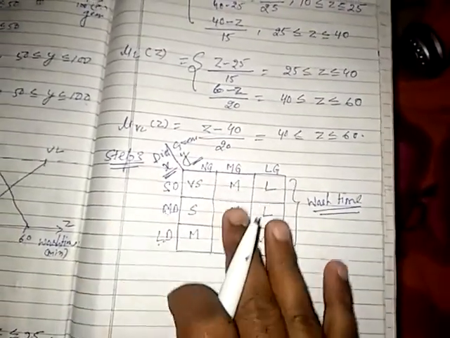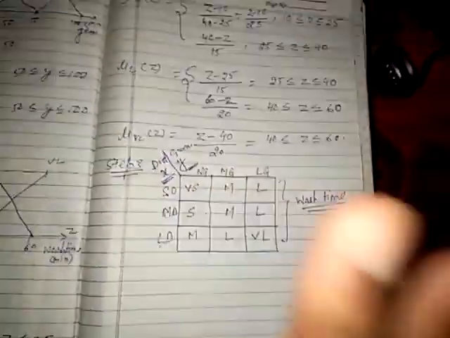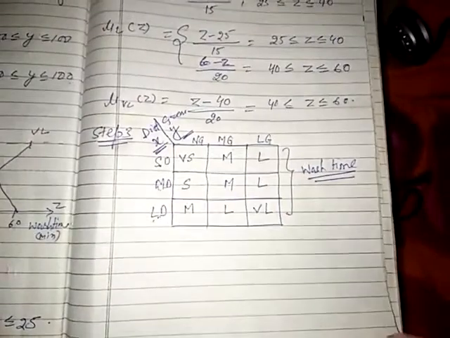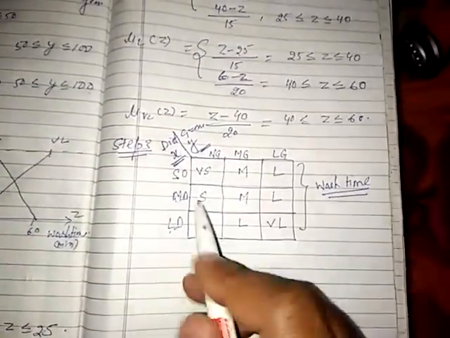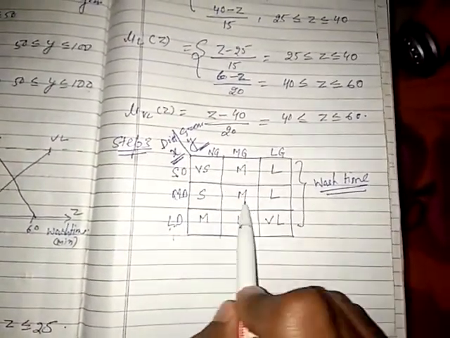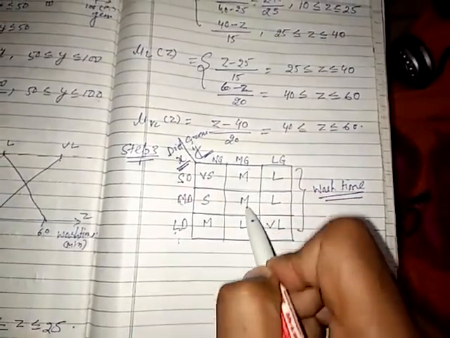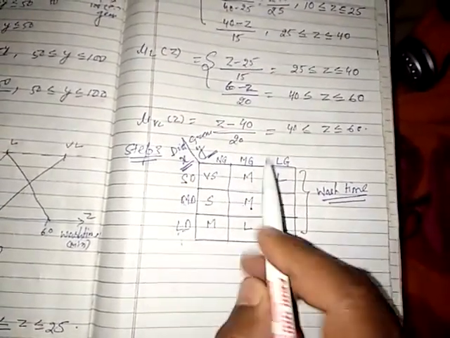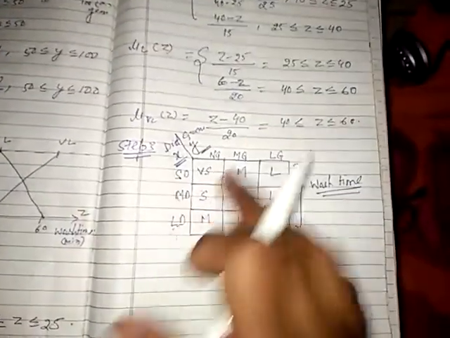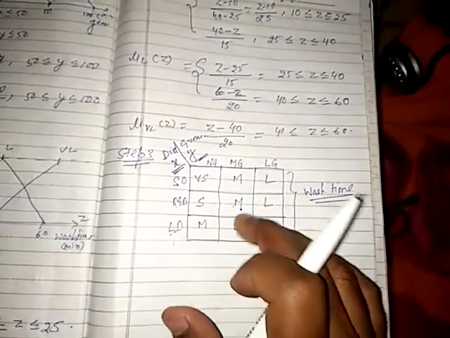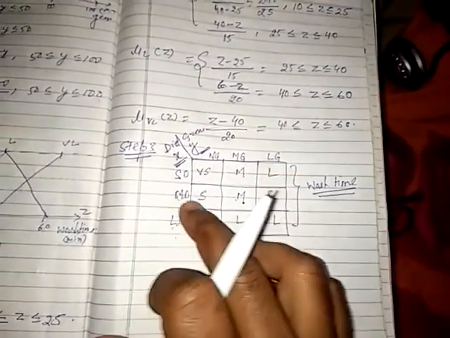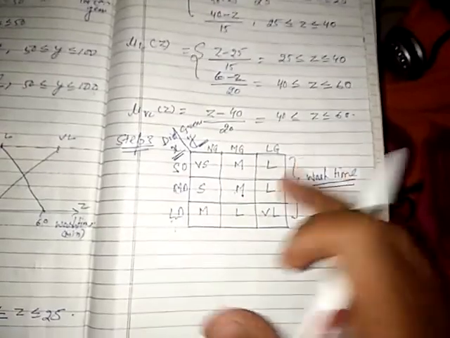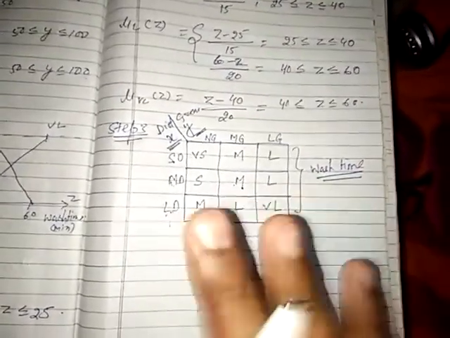These wash times depend upon your imagination, and they might differ from person to person. I can change this time, from medium time to large time, if I think that medium dirt and medium grease take large time, or that medium dirt and large grease take very large time. It depends upon my imagination.